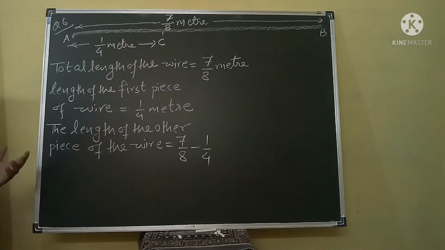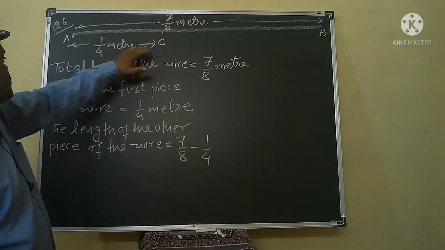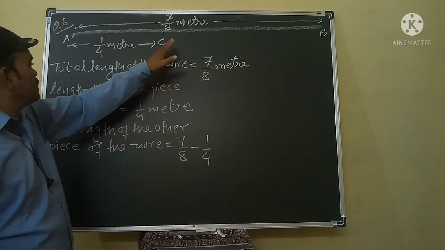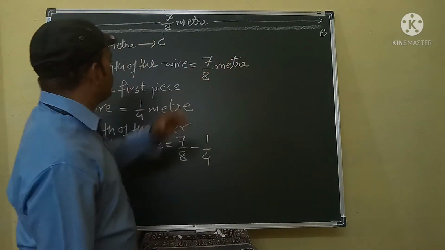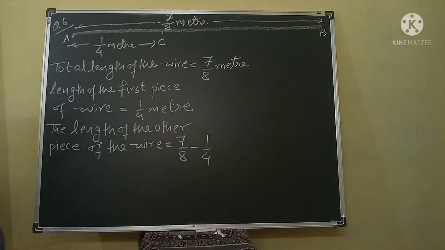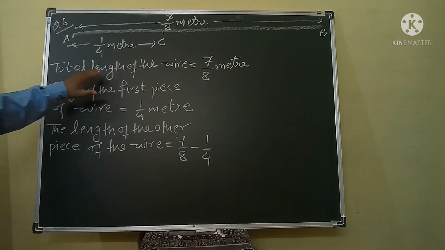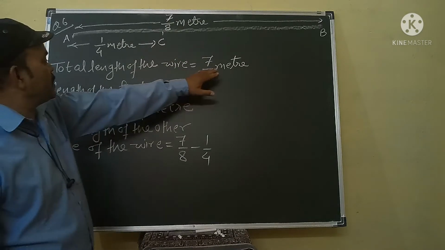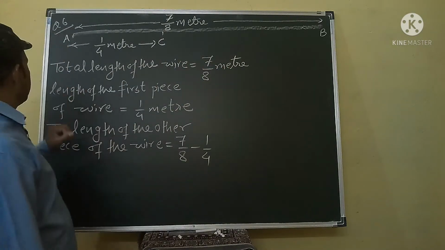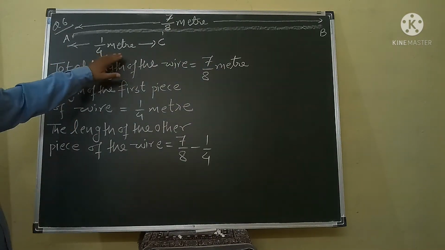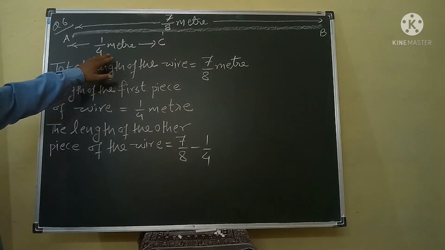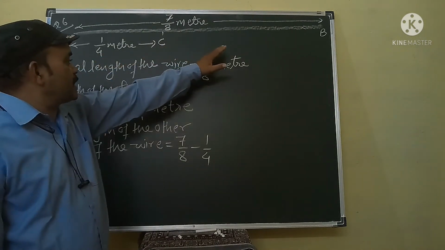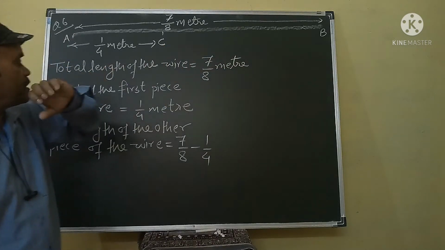According to the question, the wire AB is divided into two pieces. First piece is AC and second piece is CB. AC is the first piece of the wire and CB is the second piece of the wire.